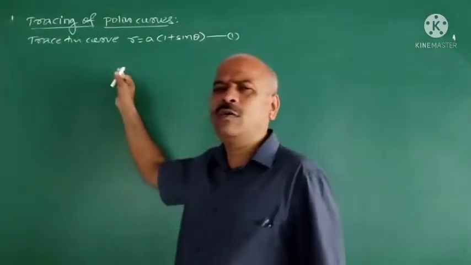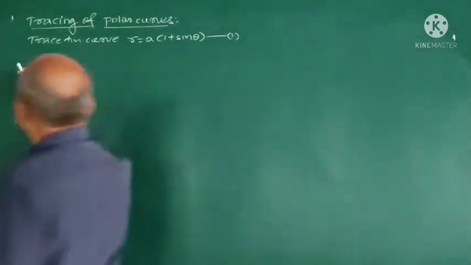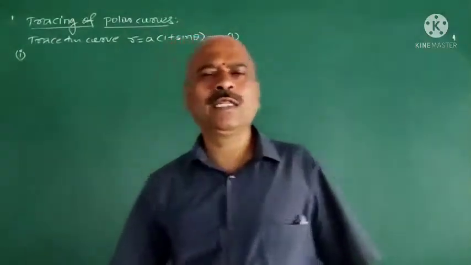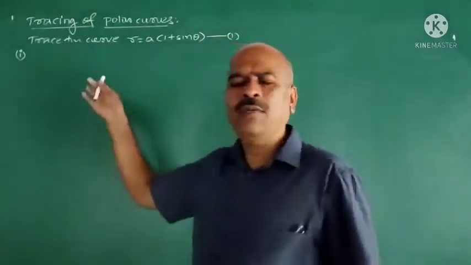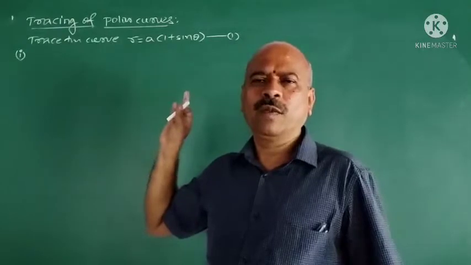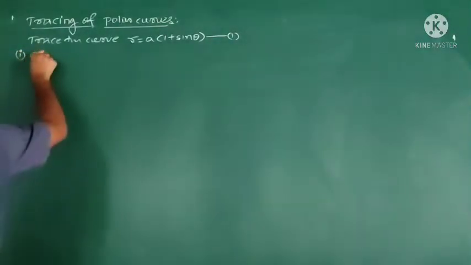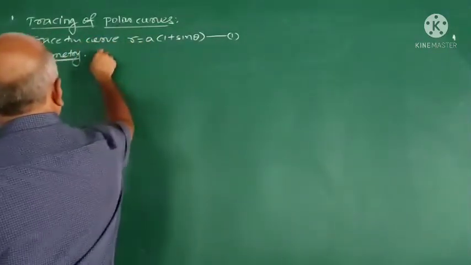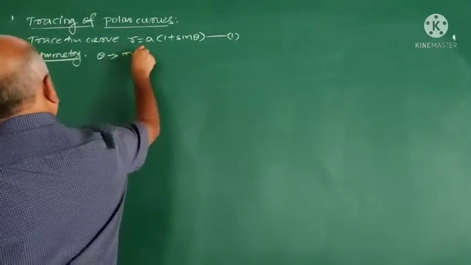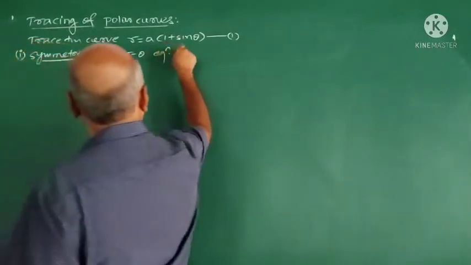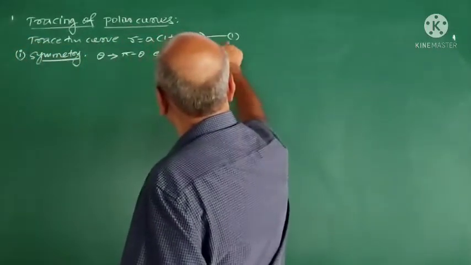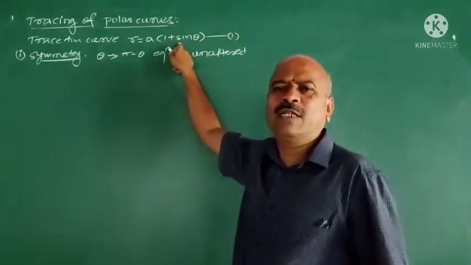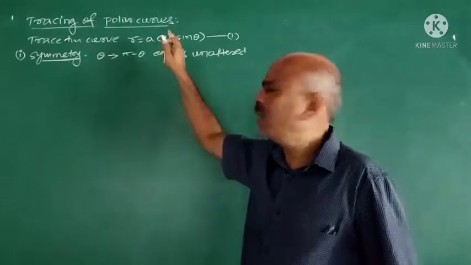Now to trace the curve, what are the different things that we require, or what are the different things that help us to draw the curve? First is symmetry. In this curve, when theta is changed to pi minus theta, the equation is unaltered, because sine of pi minus theta is sine theta only.